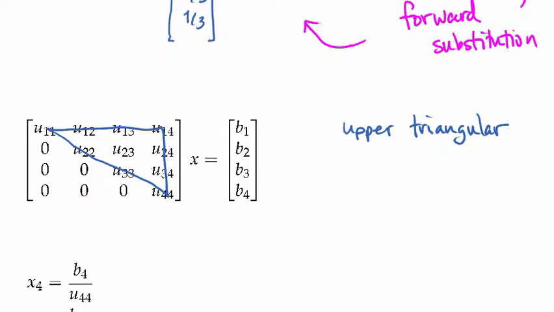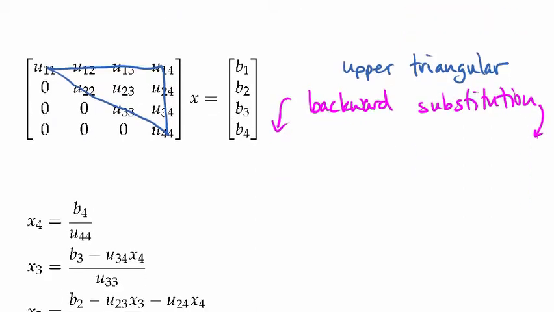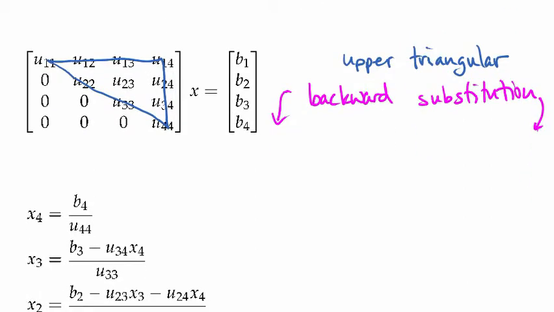For an upper triangular system, we use what's called backward substitution. Now this upper triangular system has been written in a style that now instead of numbers we just use generic matrix elements, and that pushes us towards something which is more of an algorithm.